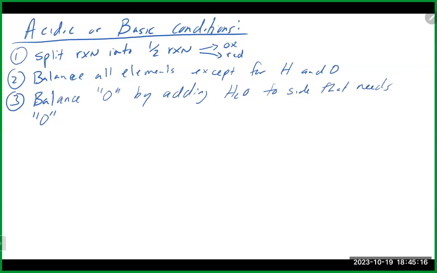But when I add water, I'm not just adding oxygen to that side, I'm also adding hydrogen, right? So because of that, and because we don't want to be short hydrogens at the end of the day, to the opposite side, you need to add 2 H pluses for every water you added.